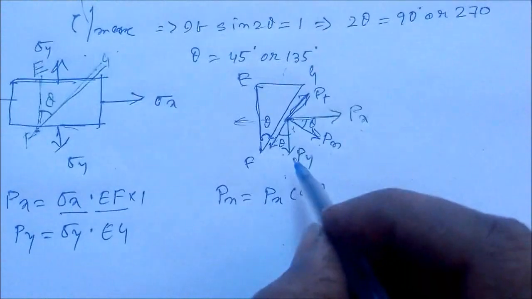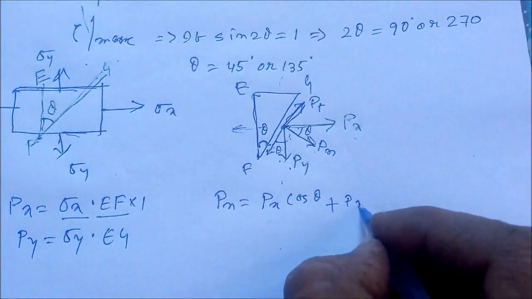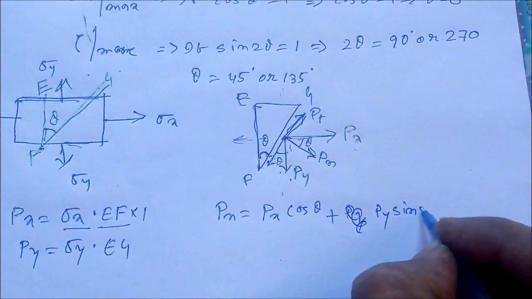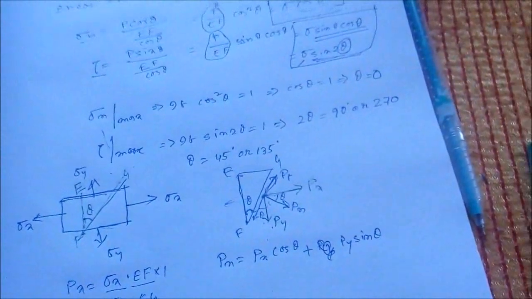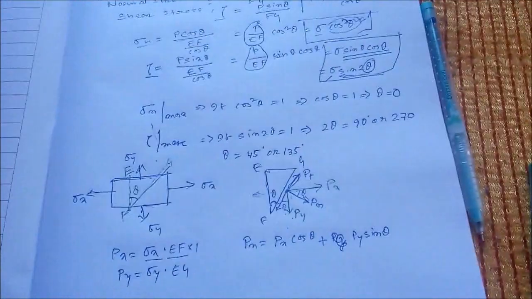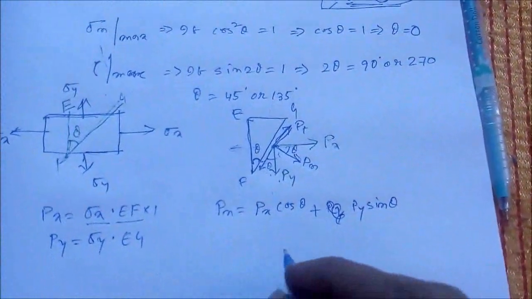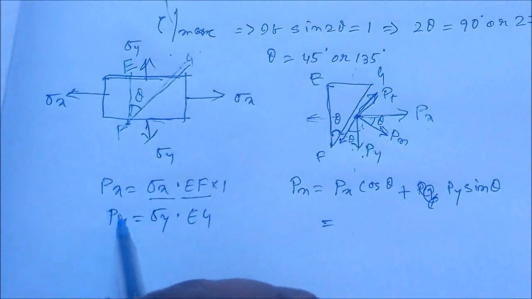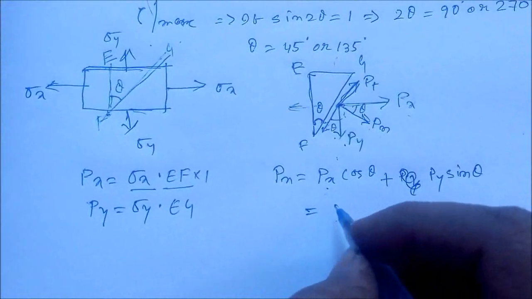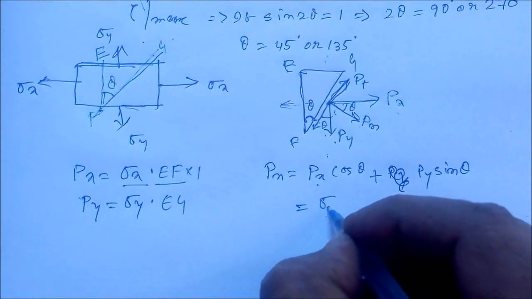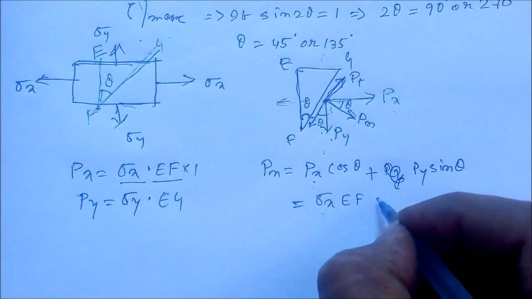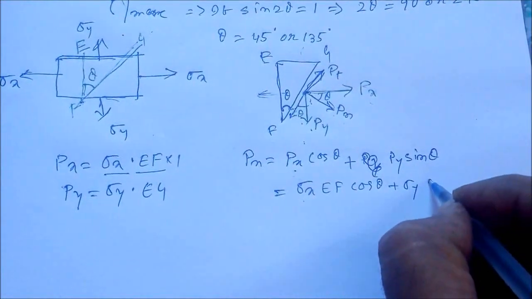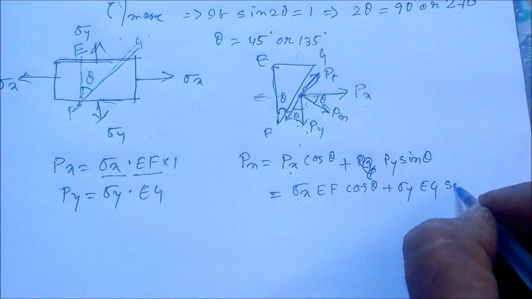So for Py we will have Py sin theta, right? Now if we put the values of Px and Py with respect to sigma x and sigma y, we will get sigma x EF cos theta plus sigma y EG sin theta, right?